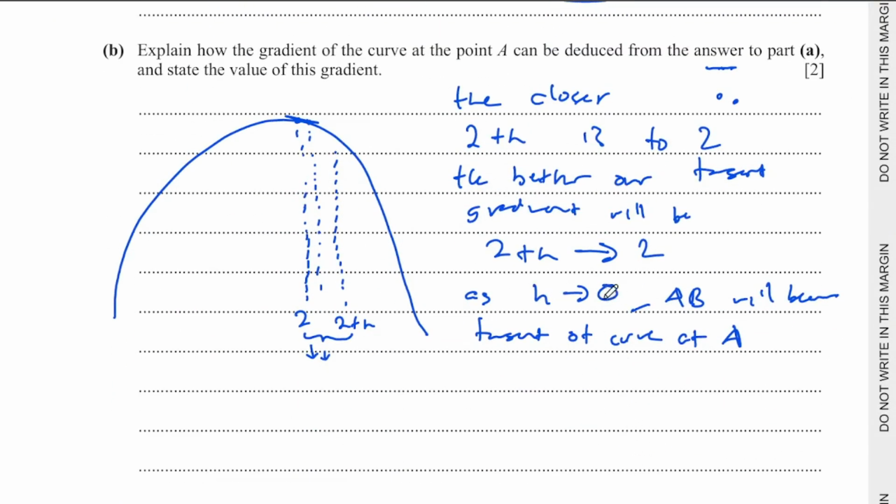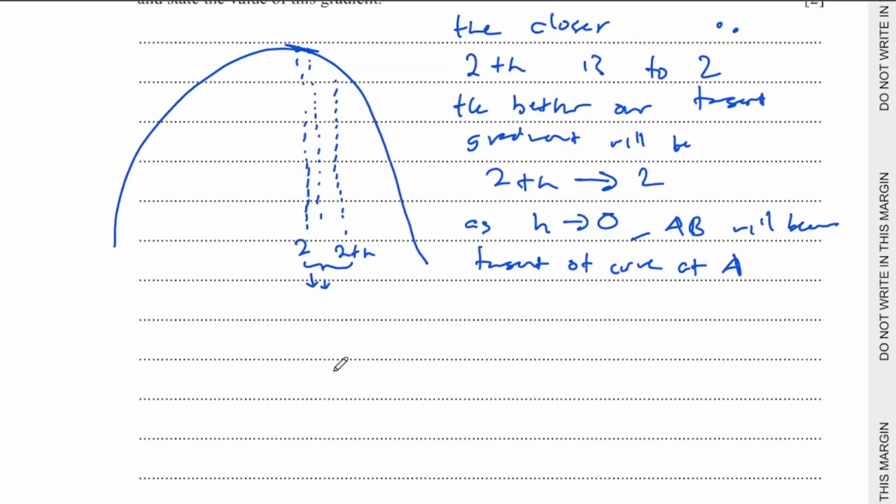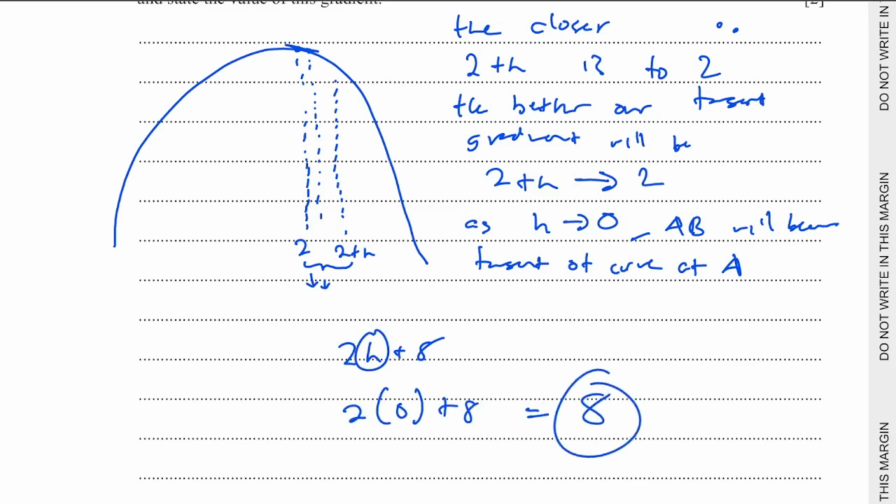So we just need h to approach 0 from this, 2h plus 8. As h approaches 0, this will just become 2 times 0 plus 8, and so the gradient would be 8 at the point A, right?